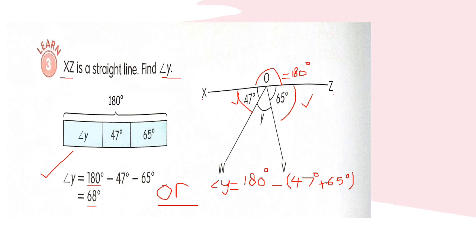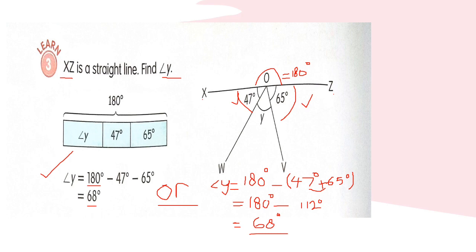Kalau cara yang ini, kalian jumlahkan dulu dua sudut yang diketahui, baru nanti di akhirnya kalian kurangkan dengan total sudut pada garis lurus. So 47 plus 65. Here write again 180 degrees minus 47 plus 65. Here it's equal 112. So the total, so the answer must be 68 degrees.